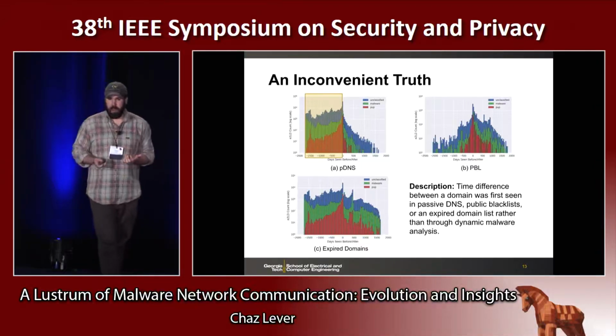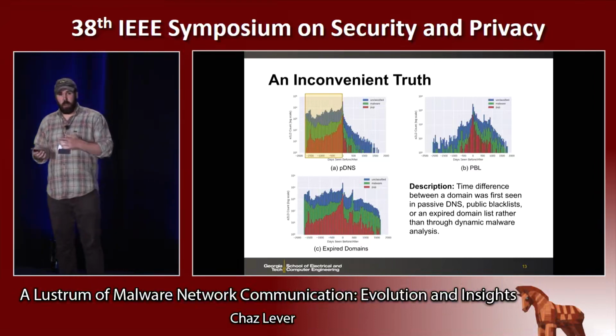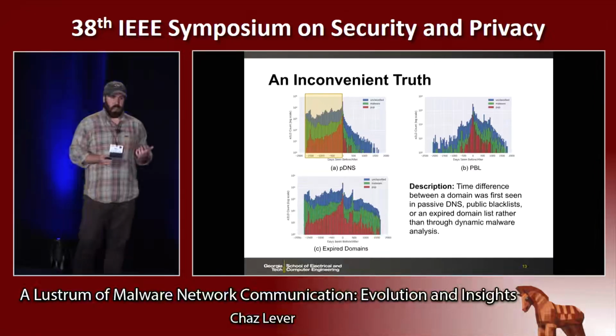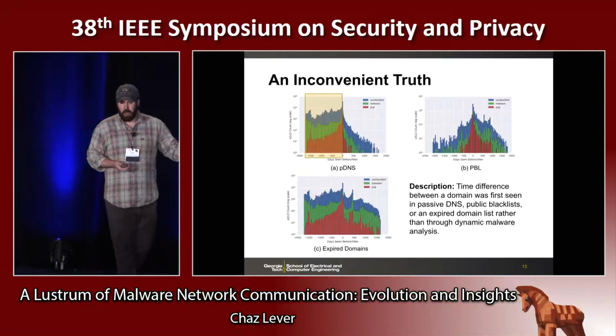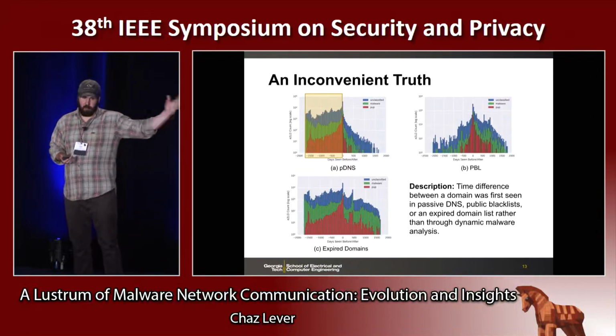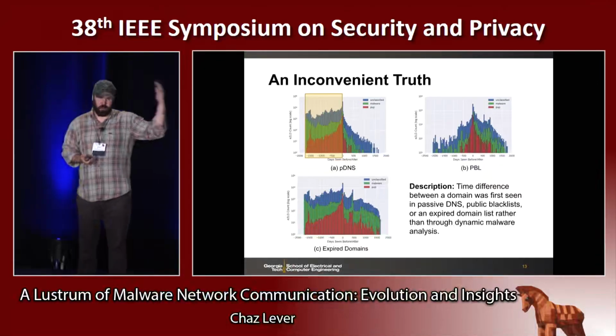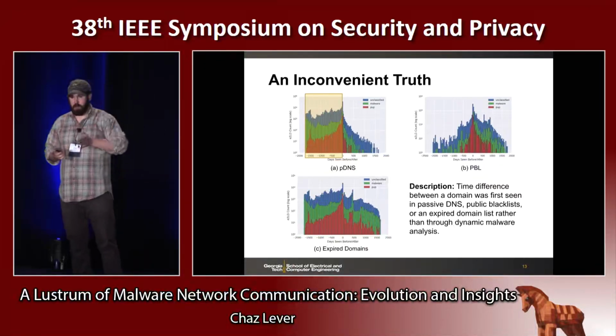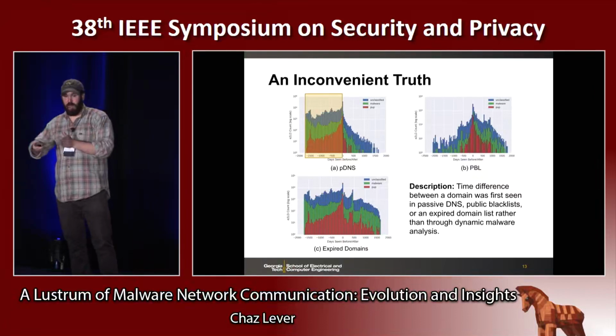One other possibility was that malware authors are actually using domains that have previously expired. So this isn't an actual case of abuse happening way back in the past. This is a case where the domain was used for something else, and then it was used for illegitimate purposes after the expiration.